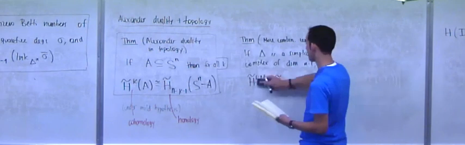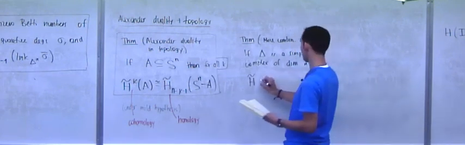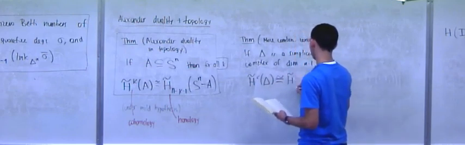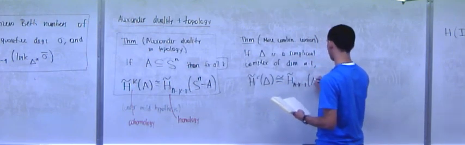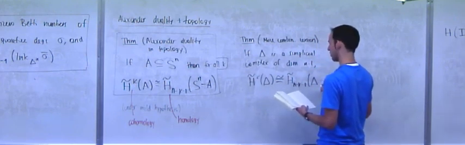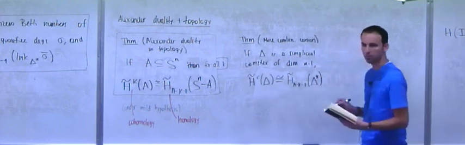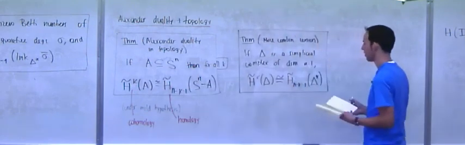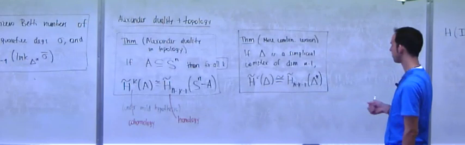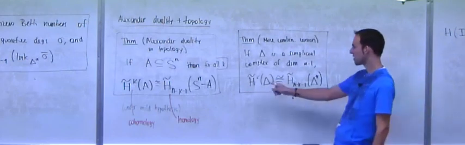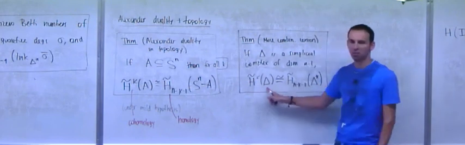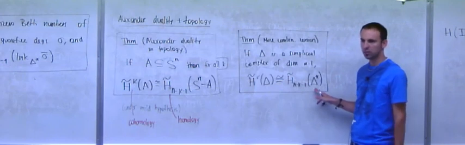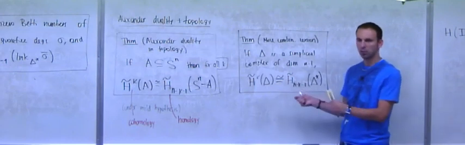Actually, let me make it look exactly like this. And all you have to do is put the dual here. Okay. So again, I'll tell you what cohomology means, but this tells you that the cohomology of a simplicial complex is isomorphic to the homology of its Alexander dual. And so in that precise sense, their topologies are really closely related.